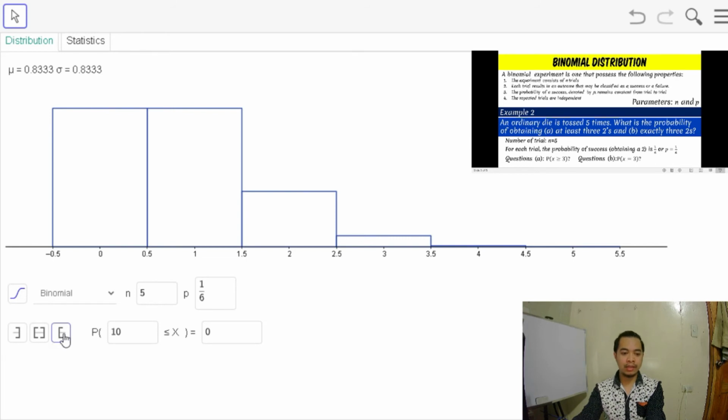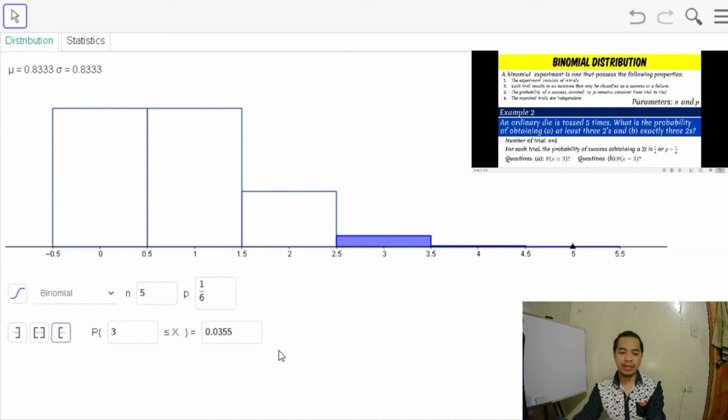So I will click this button here, the rightmost button, right-sided. It says x is greater than or equal to 3. And there we have it, the probability corresponding to that question. So that's 0.0355, the probability that x is greater than or equal to 3.